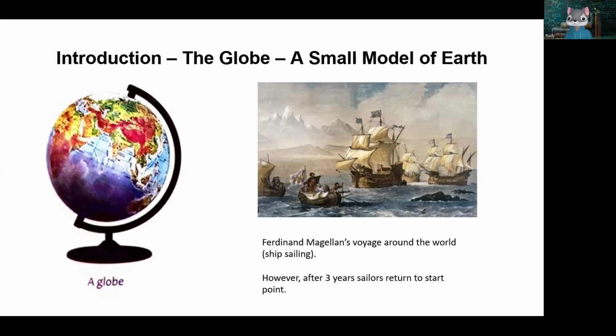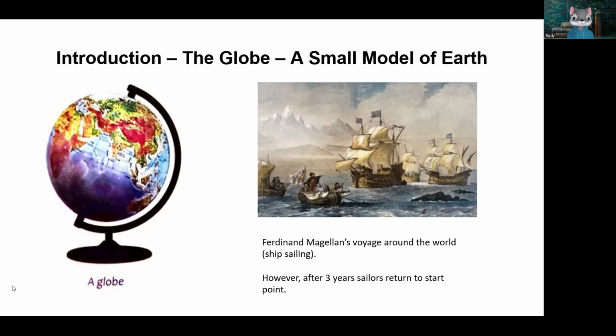Now we will learn about the Magellan theory. Ferdinand Magellan, a 16th century sailing legend, decided to test a theory. He started from Spain and sailed for 3 years, going in the same direction.